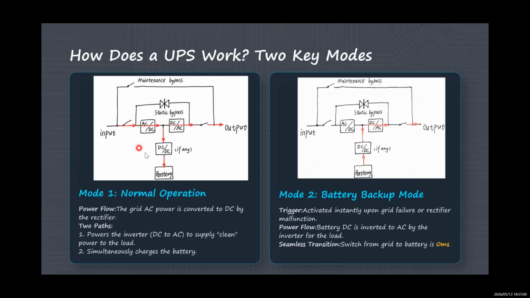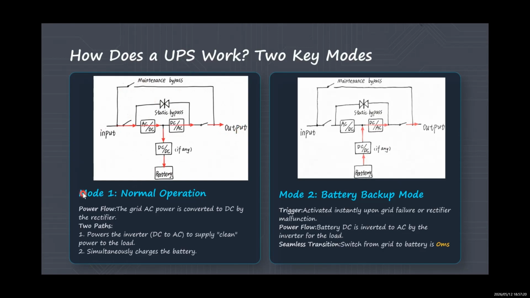If there is a fault inside, for example a fault in the inverter and also in the bypass, the grid will provide power directly to the load.